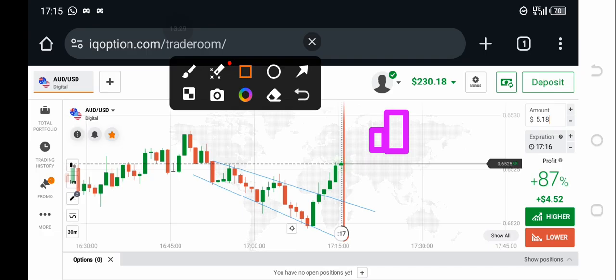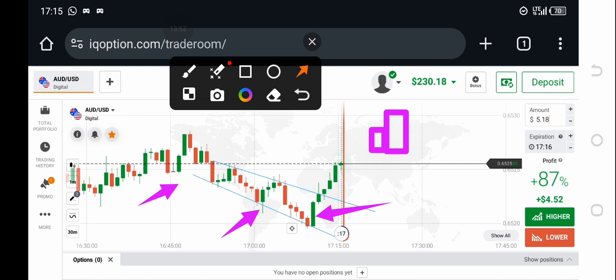It means that either buyers or sellers are strong. If it is a support level, it means that the buyers are strong. Like in this scenario, this is a support level. So you are seeing this engulfing candle. It means that the buyers are very strong. They are willing to push the market to the upside. The buyers are willing to take the price higher.